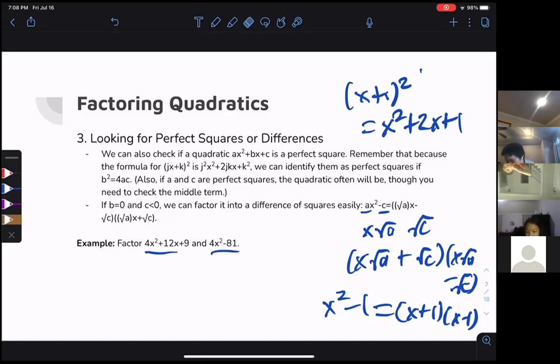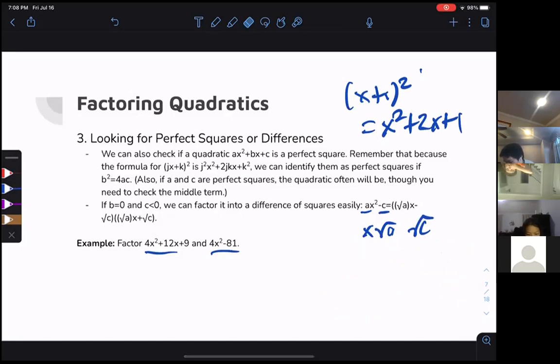If you see these, perfect squares and differences of squares are always useful, especially when you see something to an even power, like a to the 8th, minus some perfect square like 4. Then you use the difference of squares.